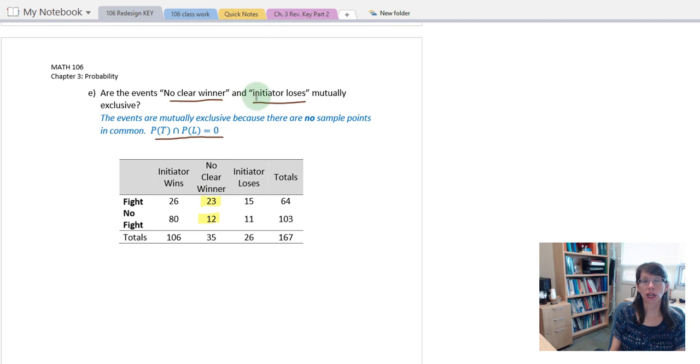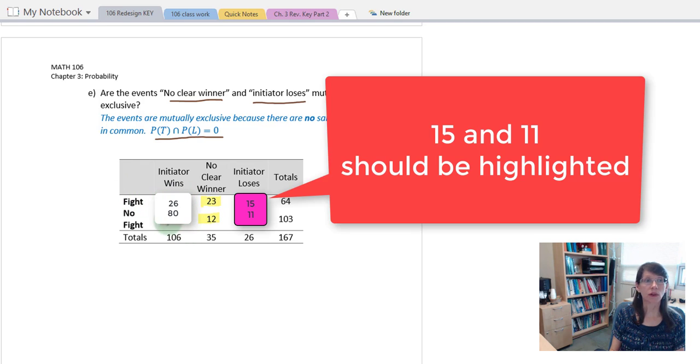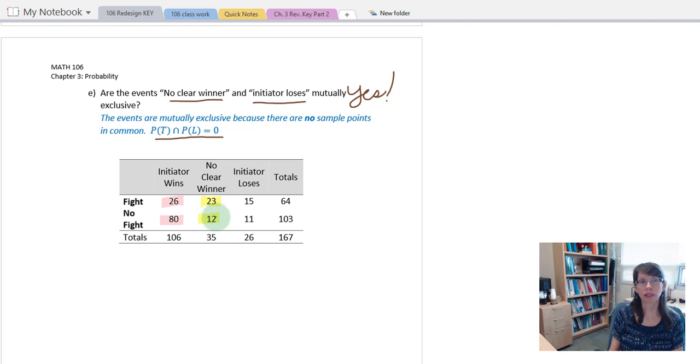And then initiator loses would be the numbers. You can clearly see that those events share no values. Nothing is overlapping or intersecting, so they would be mutually exclusive. So our answer is yes. There are no sample points in common, so we do have a mutually exclusive event.